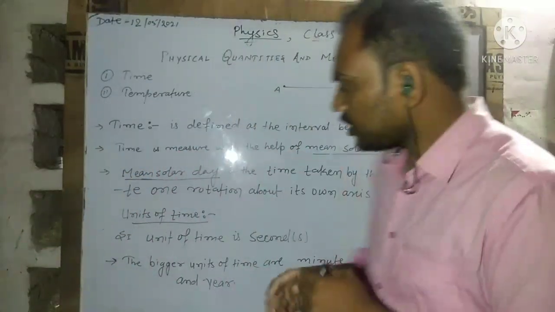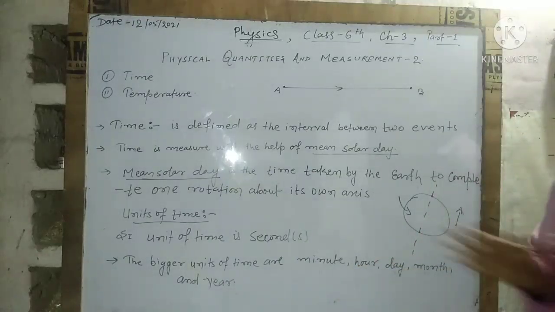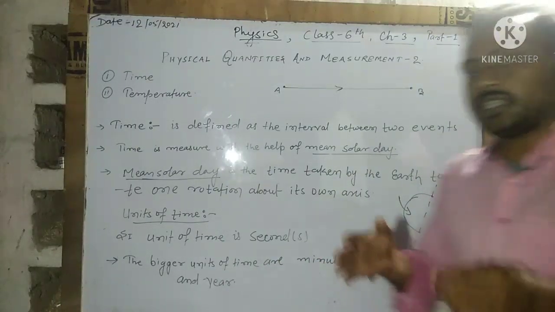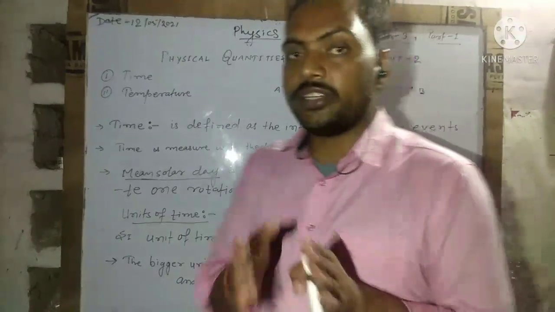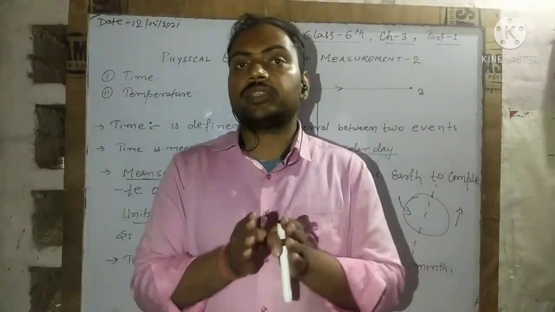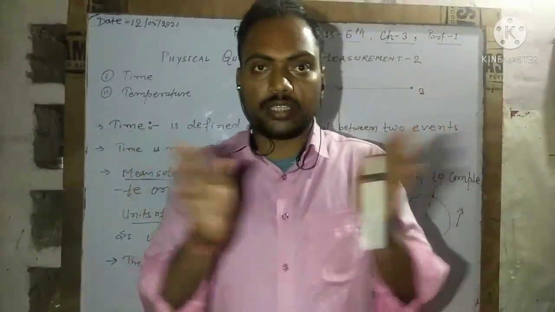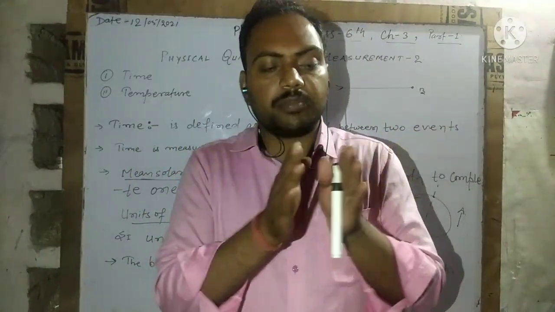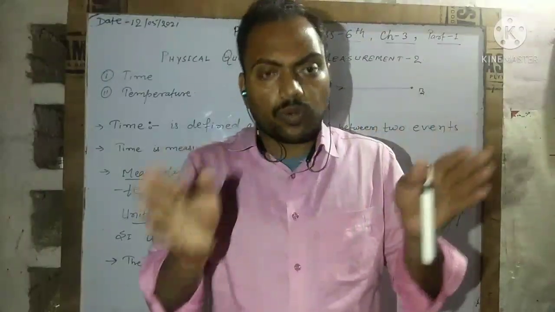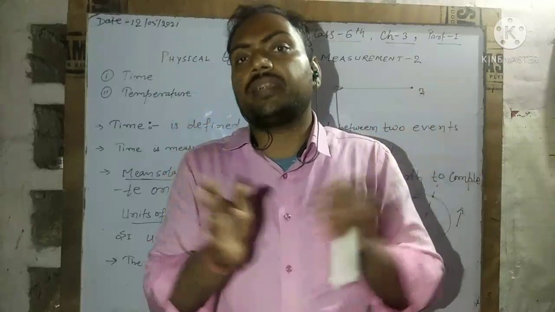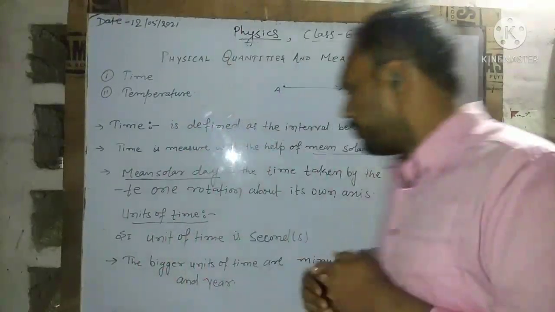So the bigger unit of time is year. This whole year is a bigger unit of time, and it is divided into 12 small events, that is called a month.